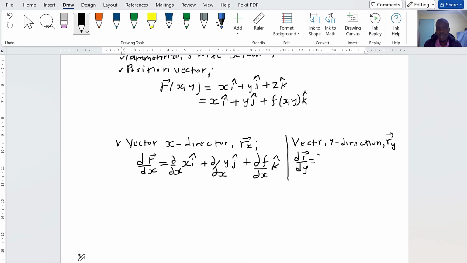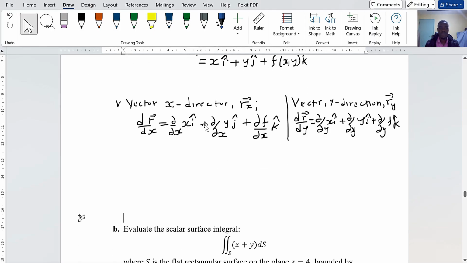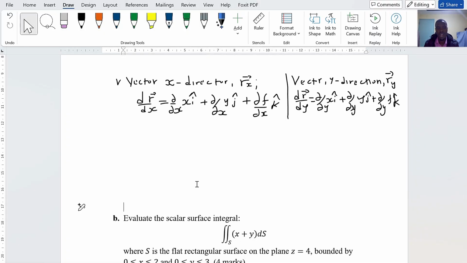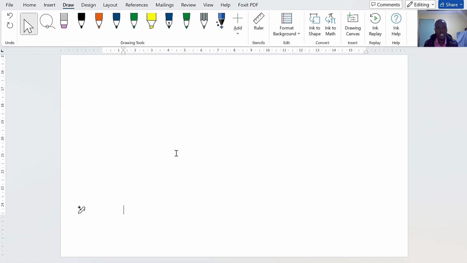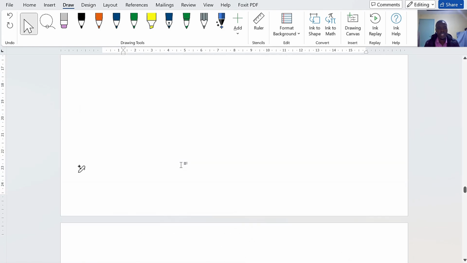Then this one will be partial derivative with respect to y for x, i, plus partial derivative with respect to y for y, j, and then plus partial derivative with respect to y for f, which is our z, and that is k. Now working simultaneously, we work on x and we work on y. Let me just create this space down to the end. We'll do the problem on the next page.